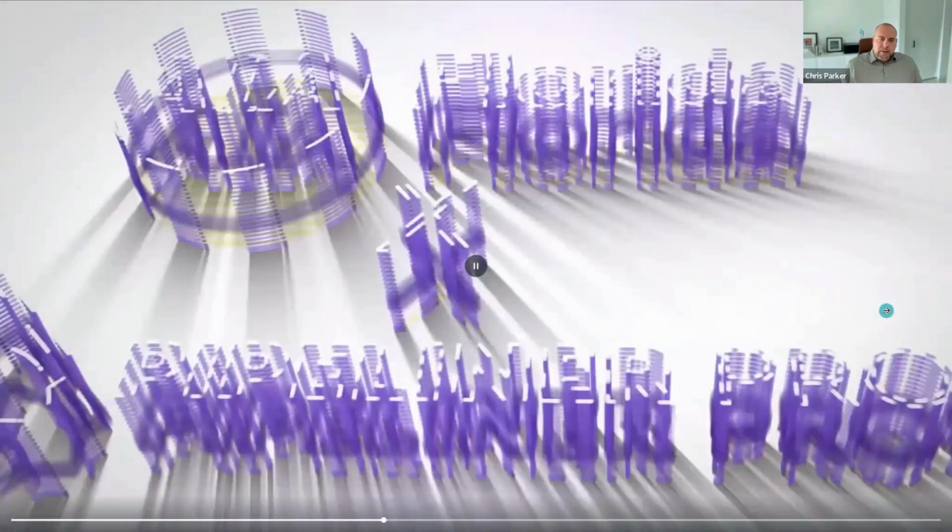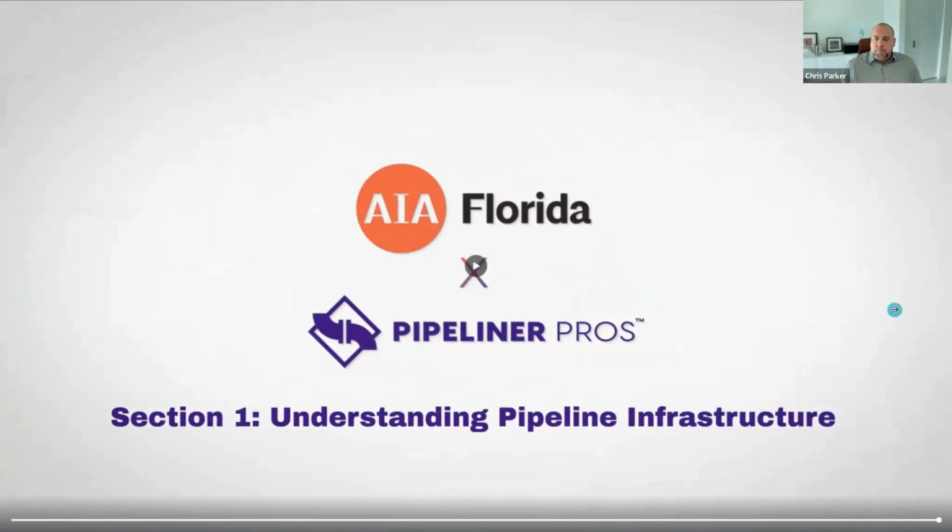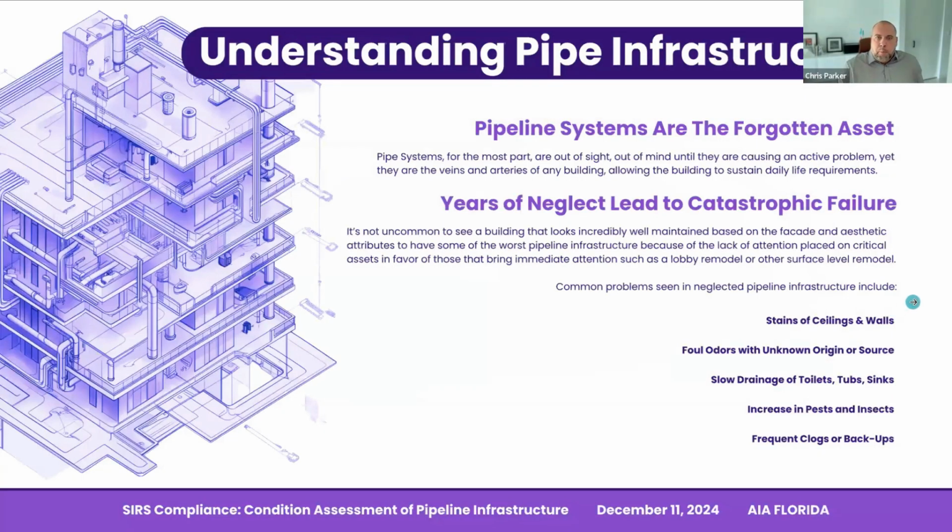So for this first section here, we're going to dive into really just understanding pipeline infrastructure. Pipeline systems are largely the forgotten asset. It's something that's hidden behind the walls, hidden under the floors. And so communities, buildings, and a lot of clients we see undertake lobby beautification projects.